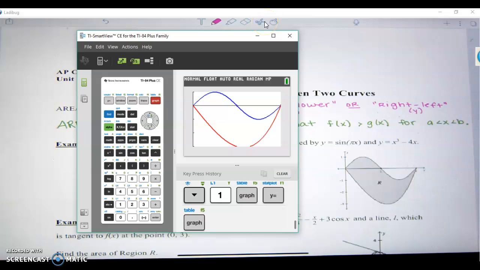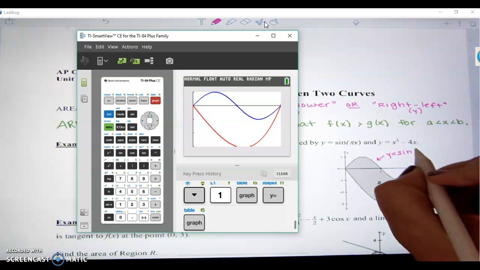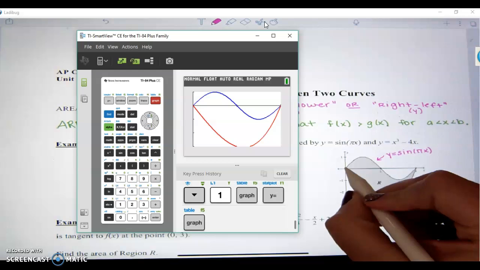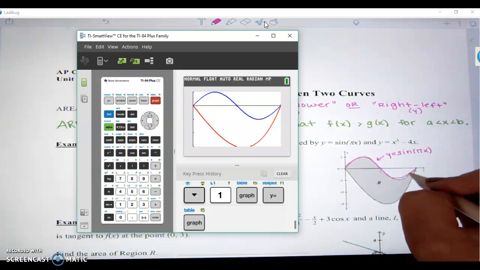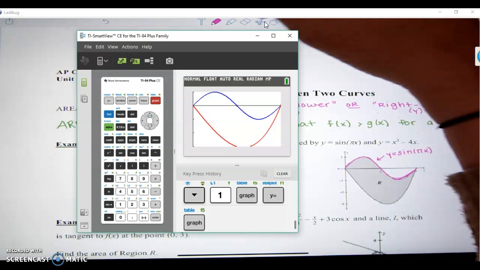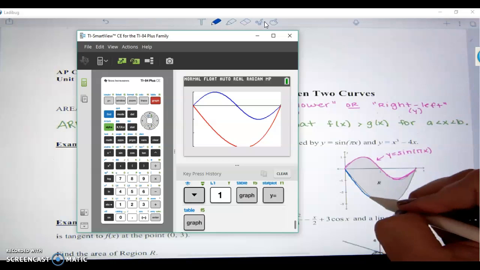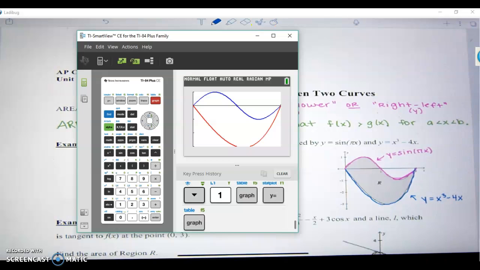This right here is our y equals sine of pi x, and then the bottom one here is our x cubed minus 4x. It is important to know which one is which because we're going to need to use those.